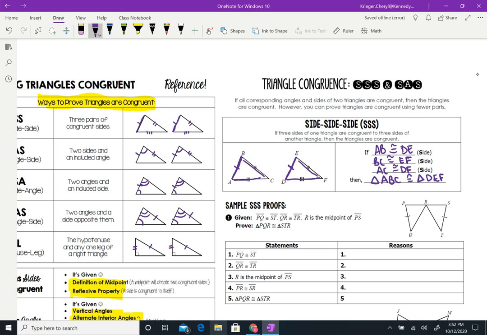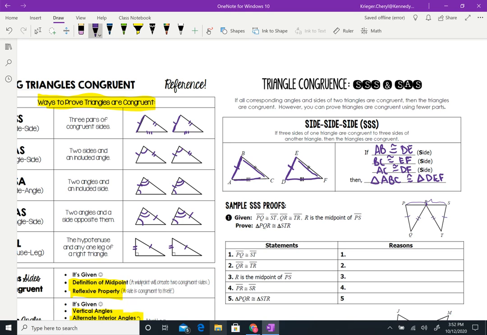We have side QR is congruent to TR, and R is the midpoint of PS. Okay, so we know that R is cutting this PS in half. So that means that PR obviously is the same as SR. But we have to prove it.